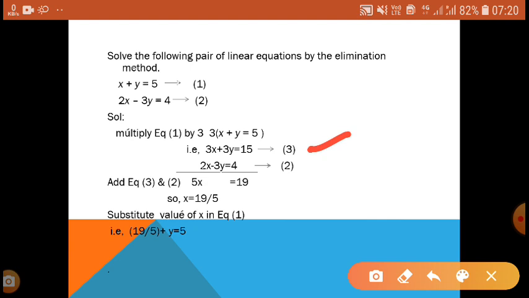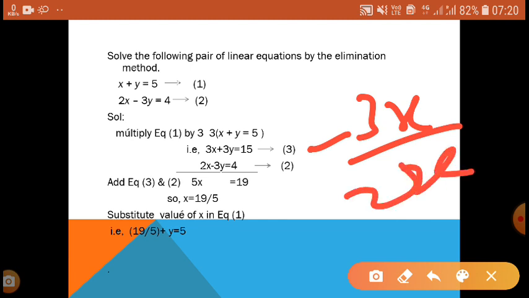Now the variable y in both equations has alternate signs. So I'm going to add equations 3 and 2. Here 3x and 2x, if we add, we add only the coefficients.